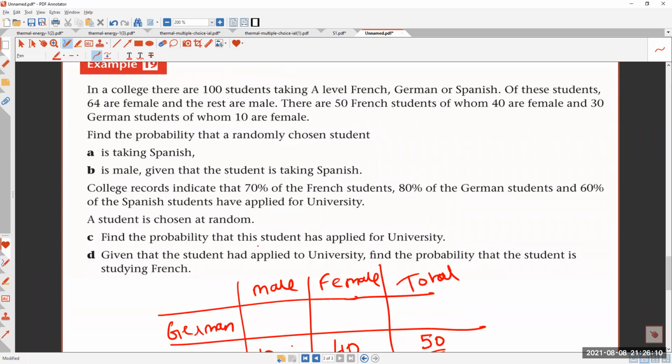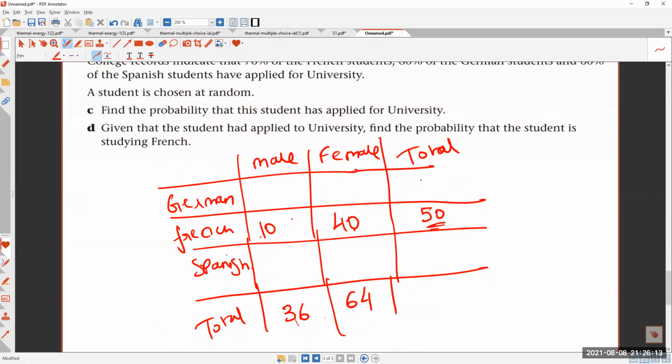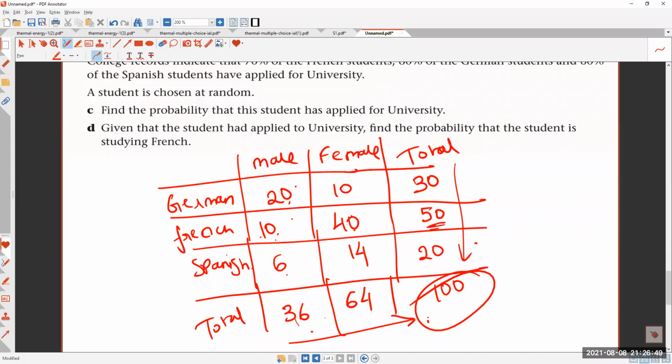And 30 German students, of whom 10 are female, so the remaining 20 are male. Now see, how many are left for Spanish? 6 are left, because 20 plus 10 plus 6 gives 36 male, and 40 plus 10 is 50, so 14 are left for Spanish. 6 plus 14 is 20. You can see the total is 100 from both sides, from the top also it is 100, from right and left also it is 100 people. It matches, do you understand?